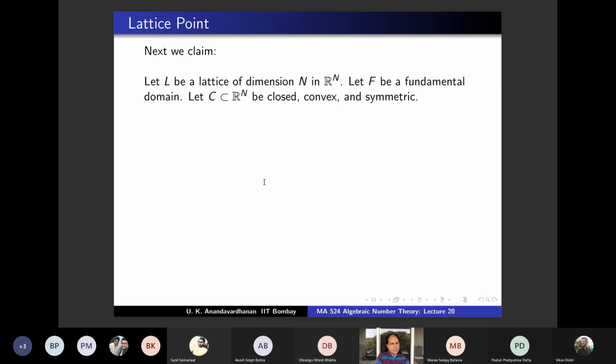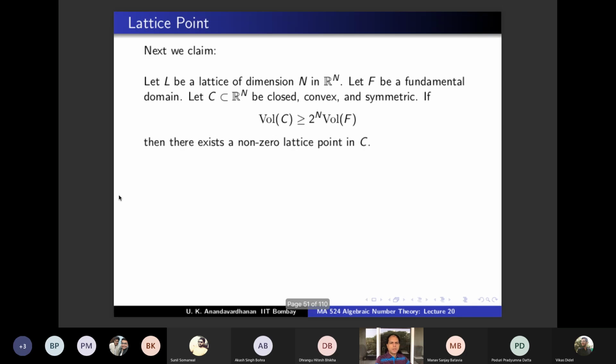And symmetric, meaning symmetric around the origin. If Z is there in your set, then minus Z is also there. Okay, assume C has these three properties, and suppose it is big enough. C is big enough in this sense: volume of C is bigger than or equal to 2 power n volume of F. Then the claim is that there is at least one non-zero lattice point in C.